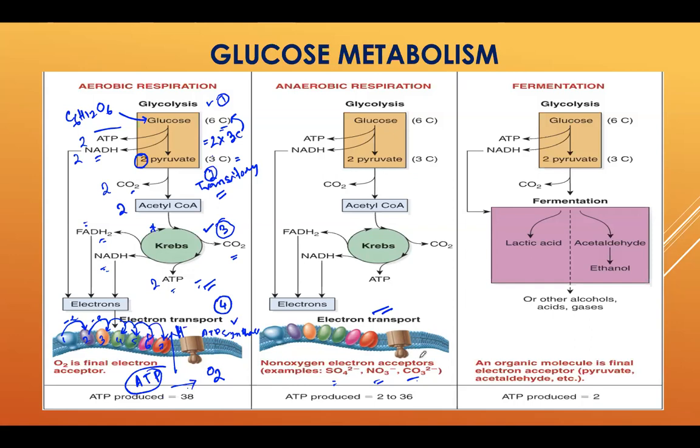As a result, they cannot produce that much ATP, not 38 ATP. Sometimes they can only produce 2 ATP, up to at the max 34 ATP. But over here, no oxygen, so that's why it's anaerobic. So the steps are almost the same. Only the change is here: the electron acceptors are inorganic compounds instead of oxygen.